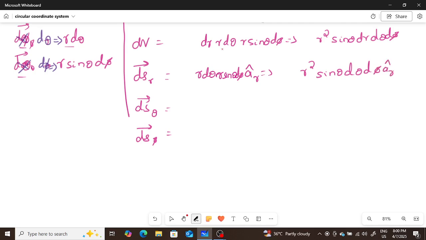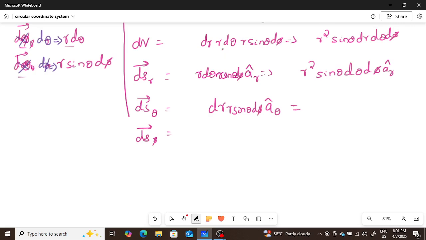For the differential surface area normal to theta direction, what do you write? Theta as it is, and eliminate the theta element here. dr is present and d theta you have omitted, so write d phi: r sin theta d phi.